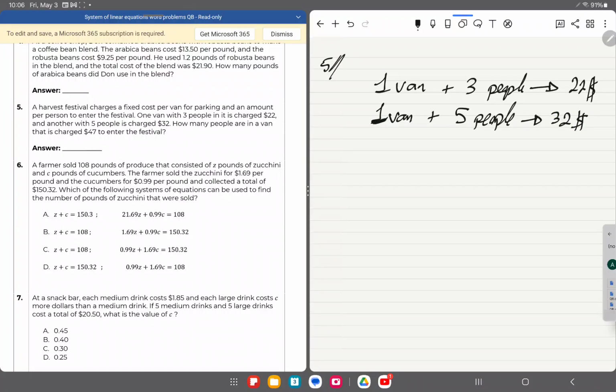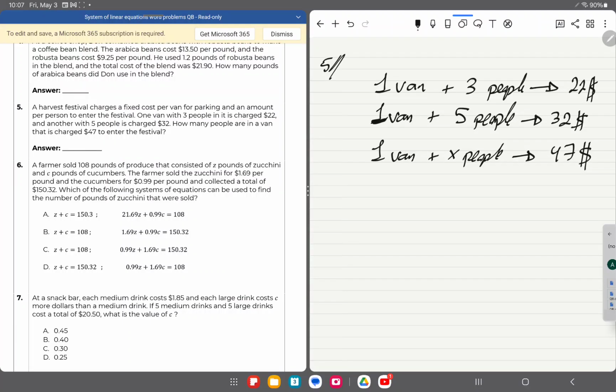Now there might be discounts for people, like if you bring more people you get more discounts, but that's not what we're worried about. We're worried about how much is the fixed price per van. Then, how many people are in a van that is charged $47?